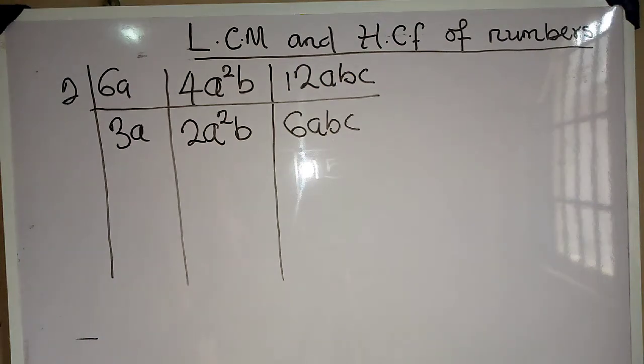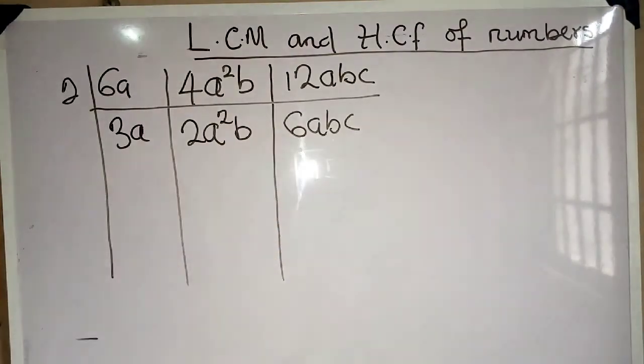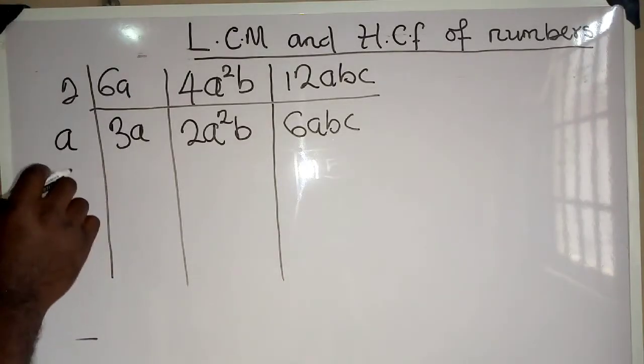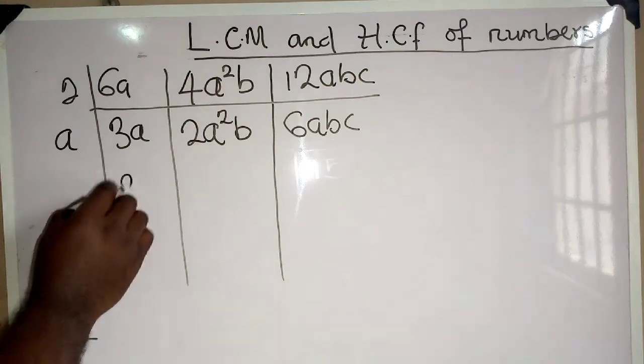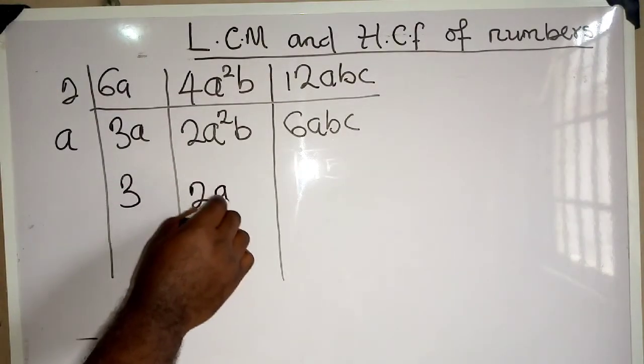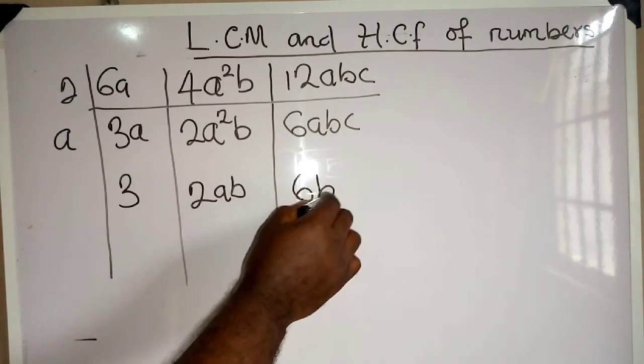What of a? Yes, a is a factor here, it's also a factor here and also a factor here. So a is a common factor of those 3 terms. a divided by 3a will give me 3, a divided by 2a squared b will give me 2ab, and a divided by 6abc will give me 6bc.